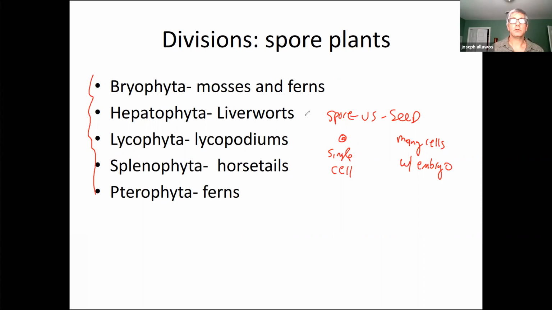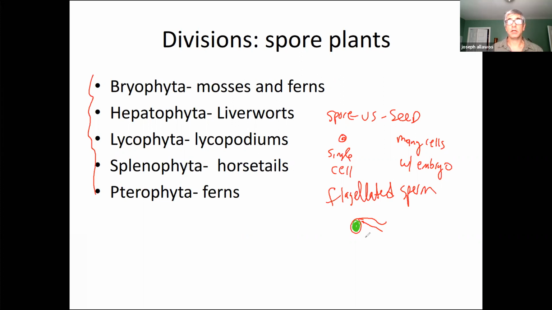So the other thing about the spore plants is that they have flagellated sperm. And honestly, if you looked at the sperm of, let's say, a moss or a fern even, it would look all the world like Chlamydomonas.